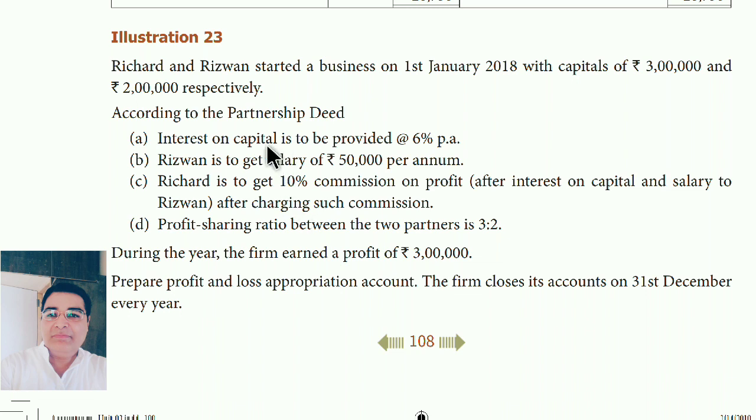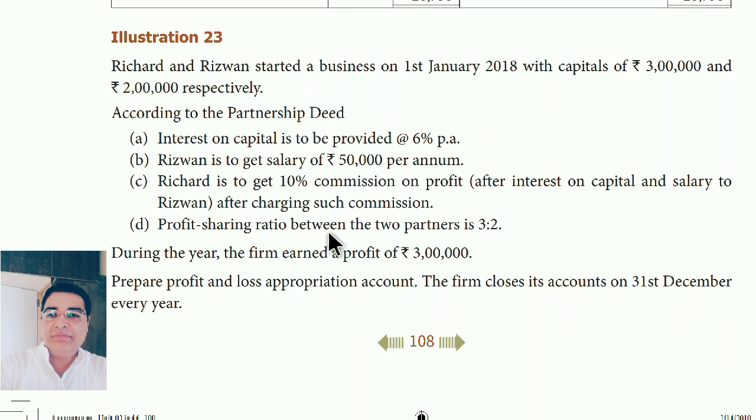Now see the first one. Interest on capital, where do we have to write it? We have to write interest on capital on the debit side. What do we have to prepare? Prepare the profit and loss appropriation account. Your account closed on 31st December.